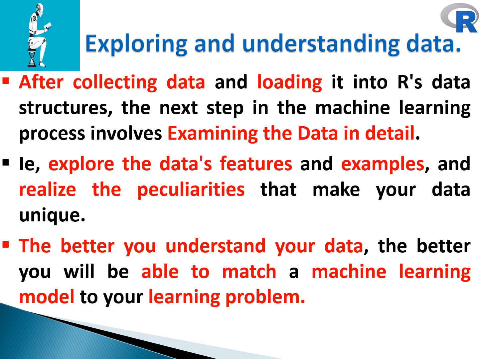The better you understand your data, the better you will be able to match a machine learning model to your learning problem. So R is basically used for exploring the data features like mean, median, mode, variance and standard deviation. Then it should be represented in graphs.